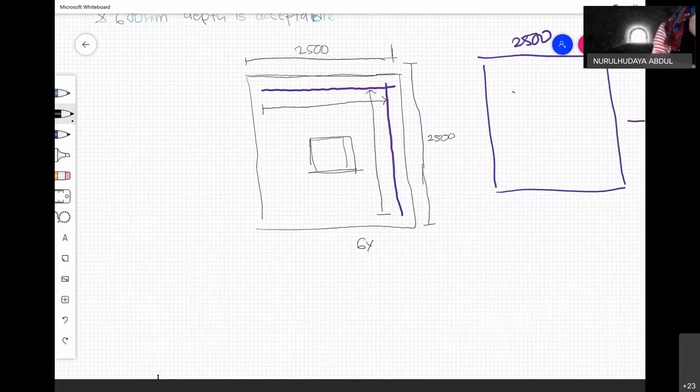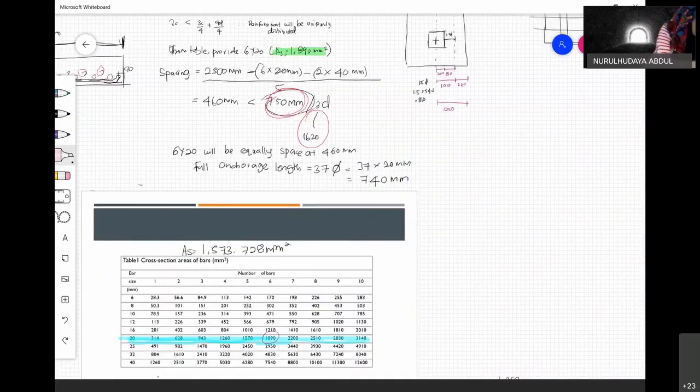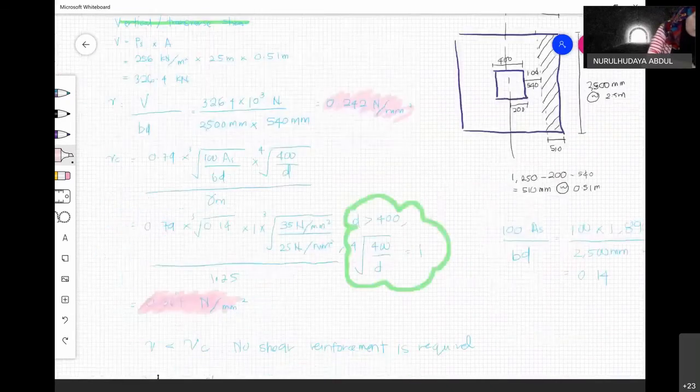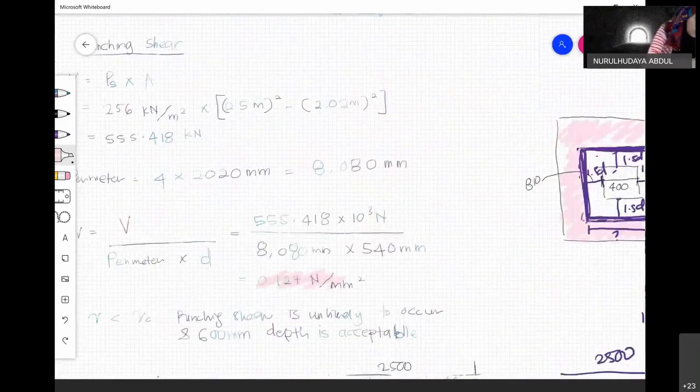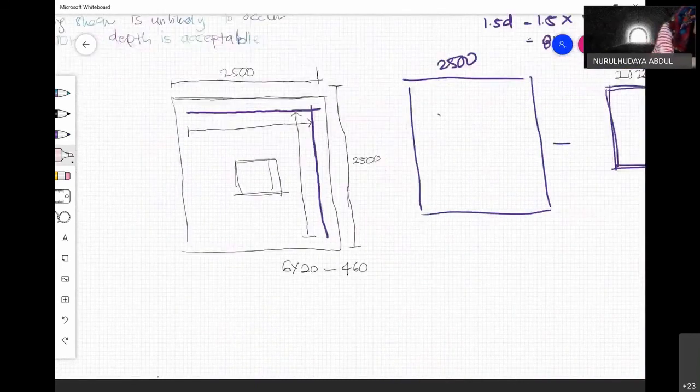Y ke T ke sama je. 6Y20 dash 460 kot. Okay, 460 spacing dia. For 120, 460. And then both ways.